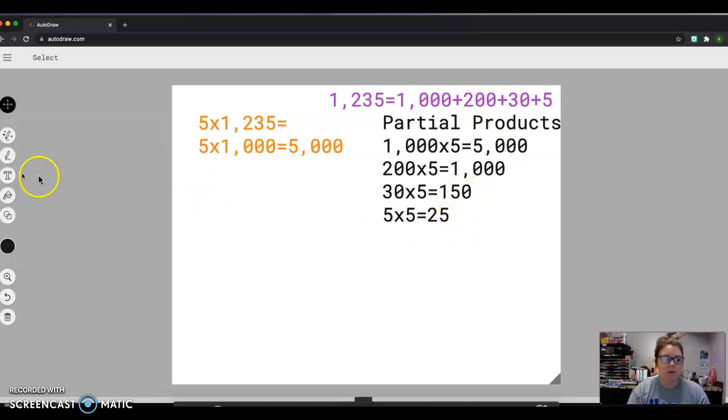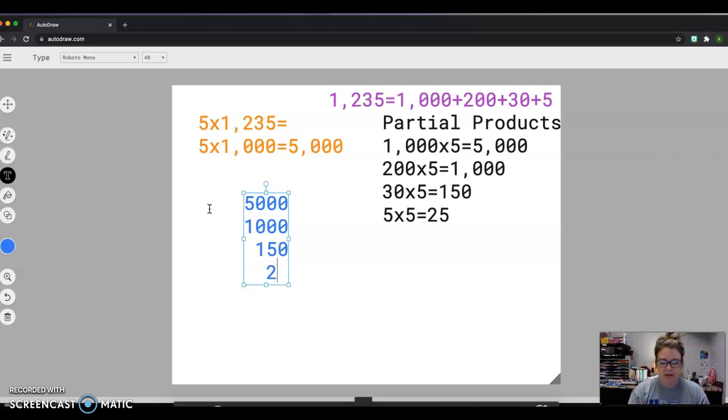So what we're going to do is add those partial products together. Okay, so we're going to say 5,000 plus 1,000 plus 150 plus 25.